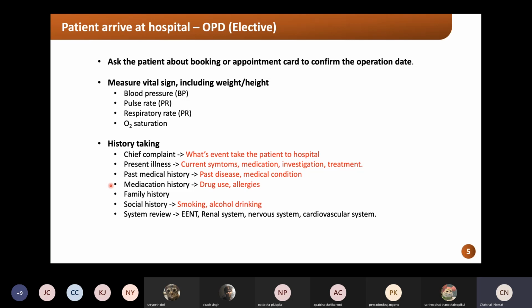And the social history is also important because we have to ask the patient about smoking and alcohol drinking.